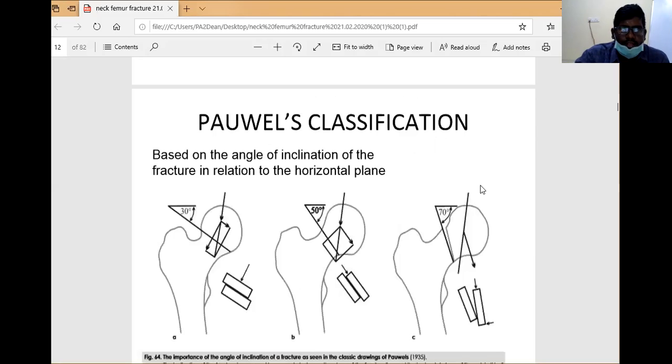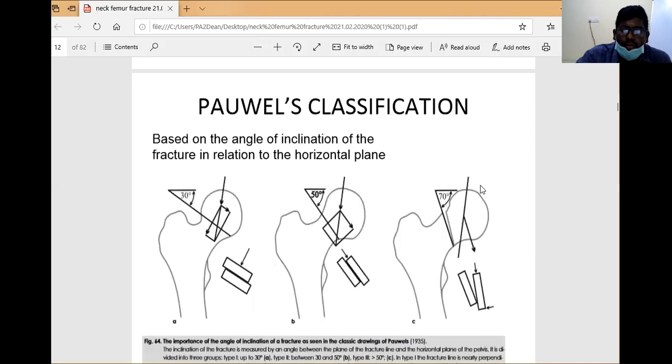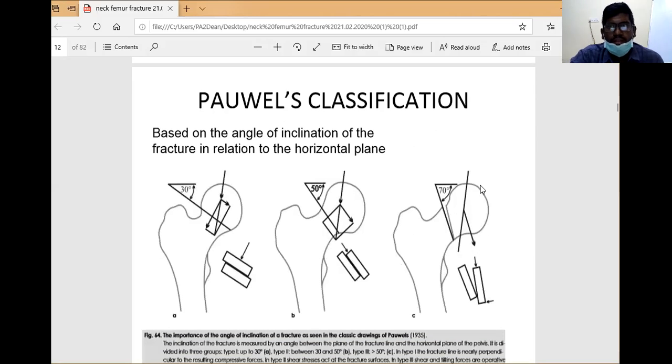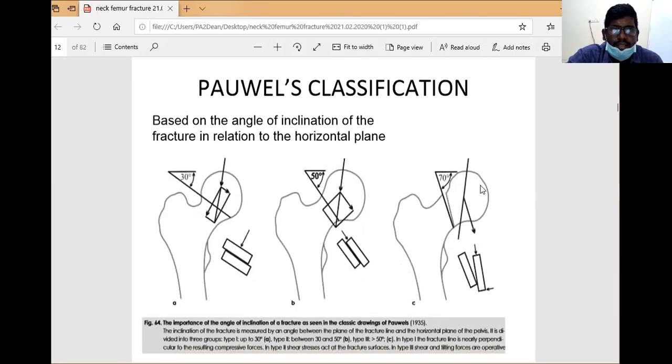Coming to the classification, there are two classifications of fracture neck of femur. One is Pauwels' classification, another one is Garden's classification. Pauwels' classification is based on the angle of inclination of the fracture with the horizontal line.